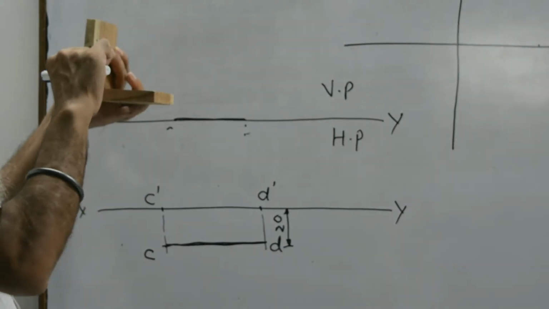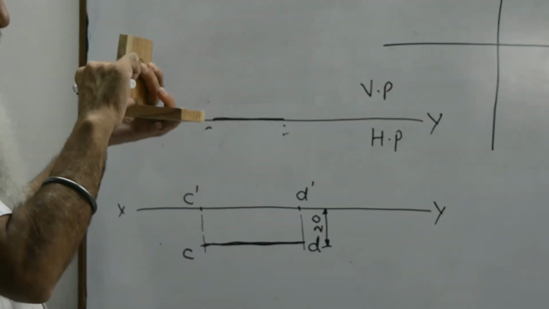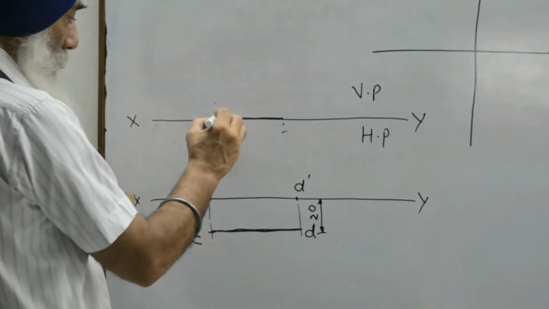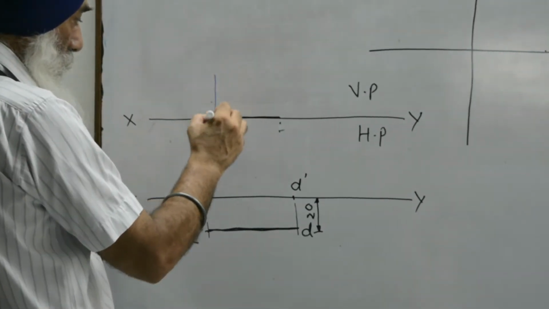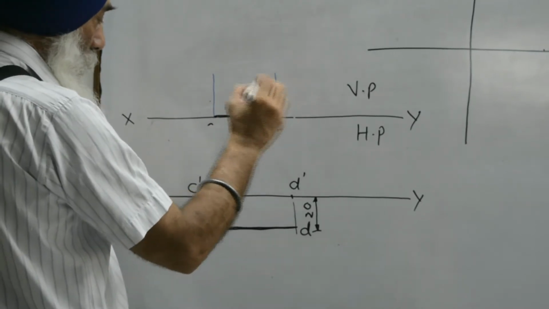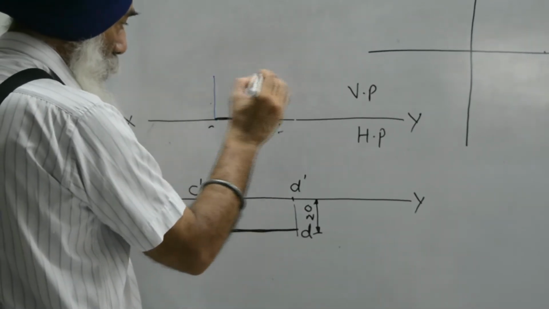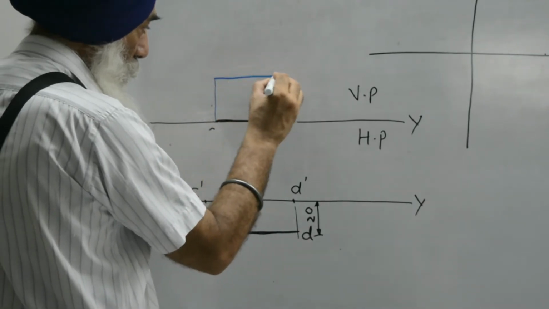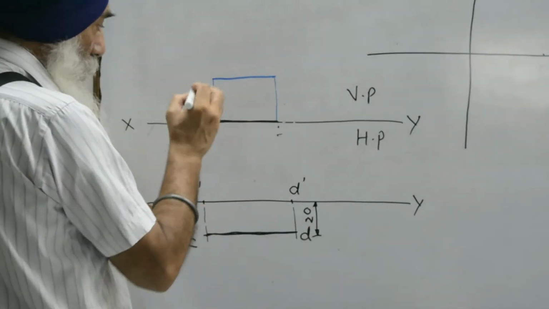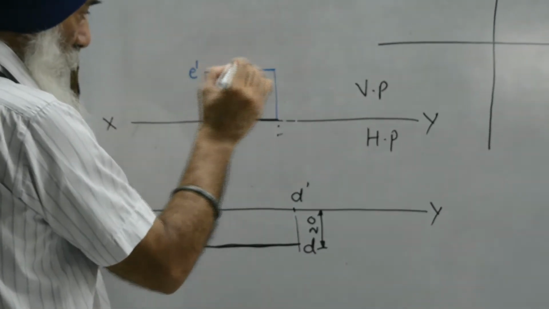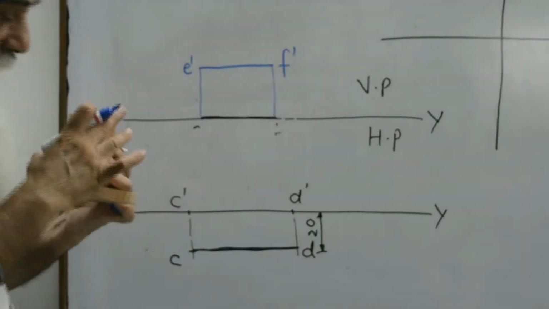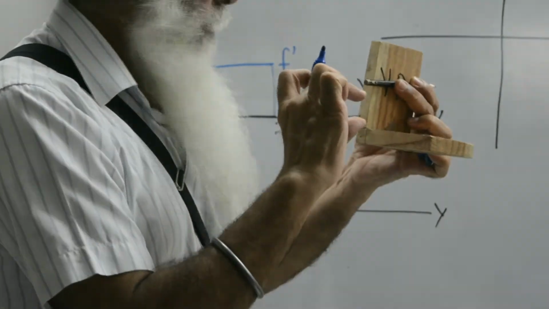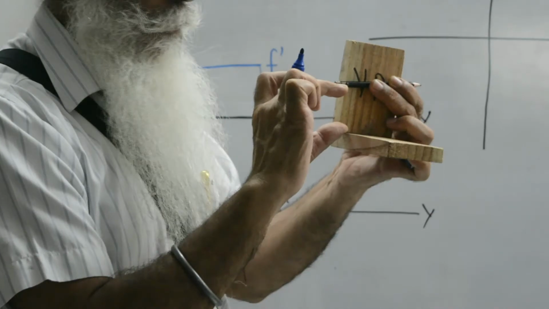This is the distance above the horizontal plane. So from here you cut off this distance, whatever is given; I say it is 25 millimeters. Measure this distance of 25 millimeters. Then this will be the front view of the line, which I call E dash F dash. This line EF lies on the vertical plane, 25 millimeters above the horizontal plane.